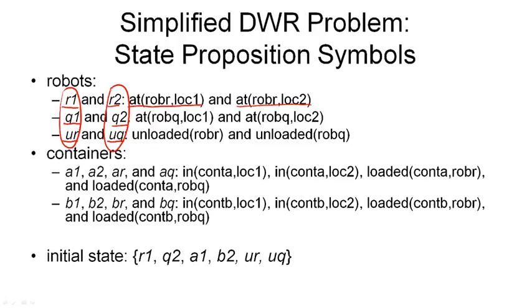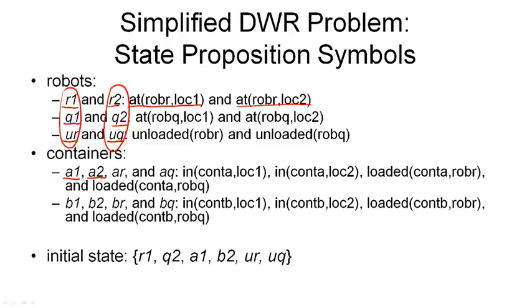But we need more symbols to talk about the containers. And here we have the symbol A1, for example, meaning that container A is at location 1. Or more specifically, it means that this container is at the unique pile that is at that location. So it is not on a robot that is at location 1, but really in that pile at location 1.